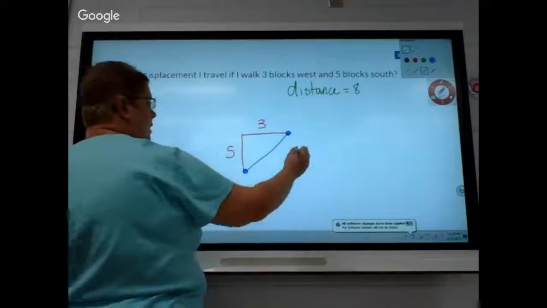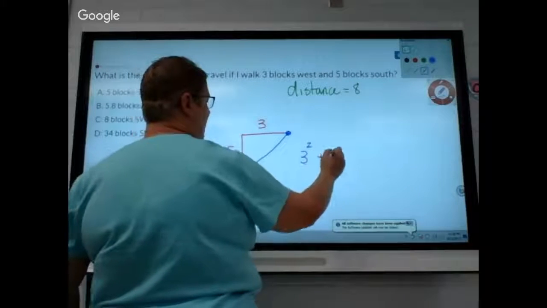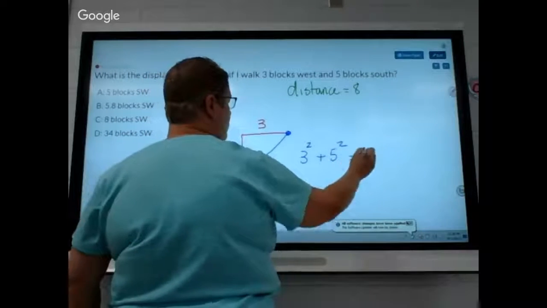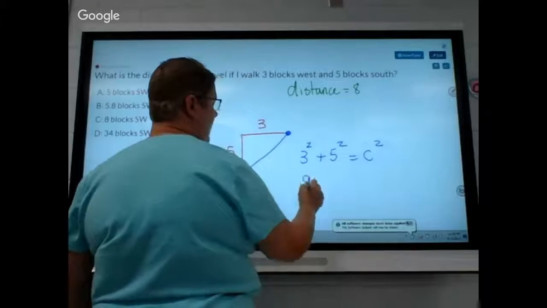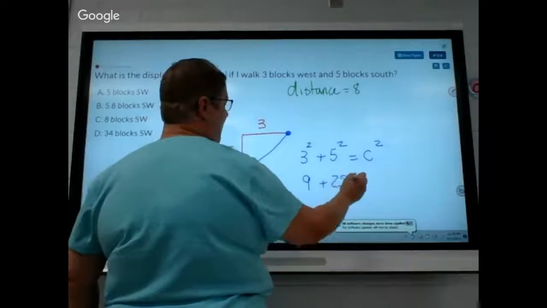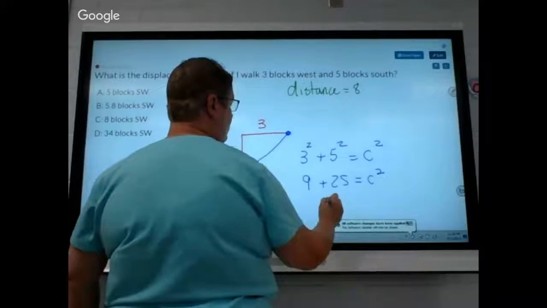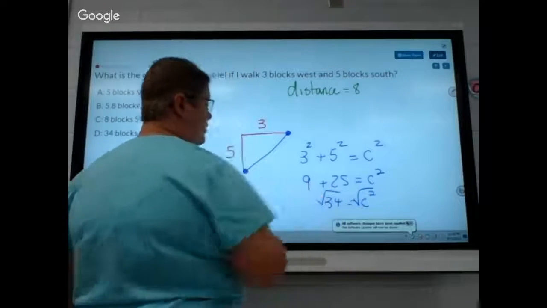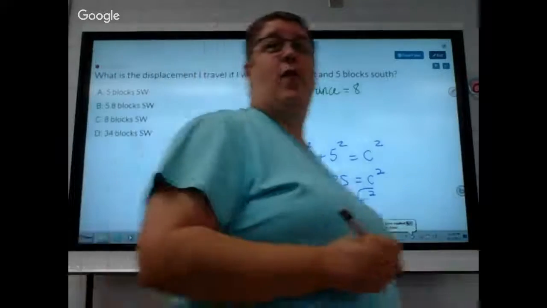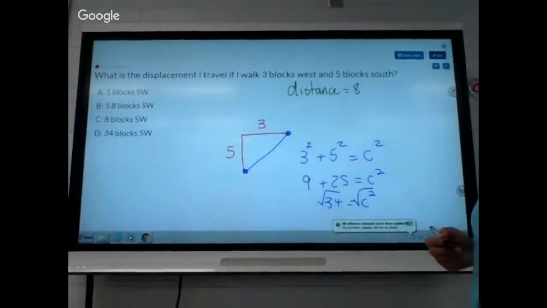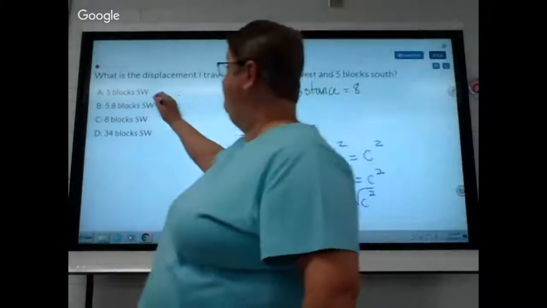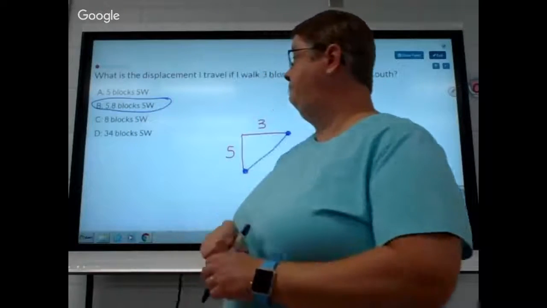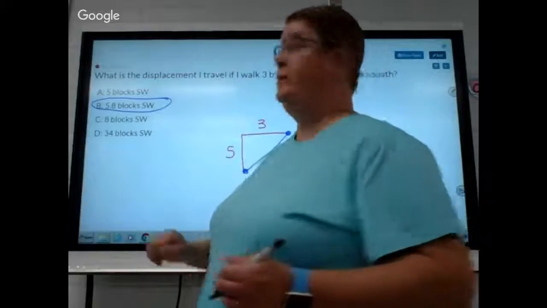So 3 squared plus 5 squared equals C squared. 9 plus 25 equals 34. That's not your answer, so you square root it. The square root of 34 is 5.8. So that's why it's B. Any questions?